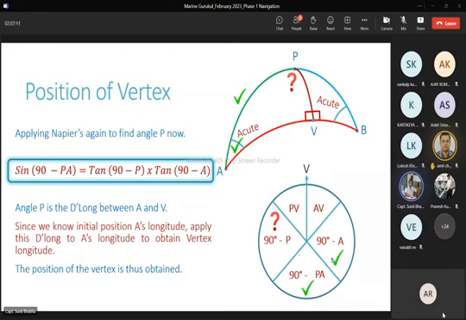So always try to prefer the parts which are known to you and avoid using the parts which are calculated by you. Okay, so that will give you slightly more accuracy. It will put you on the safe side. Theoretically, whether you use PV or you use any of the two parts, it will give you the same answer using Napier rule.